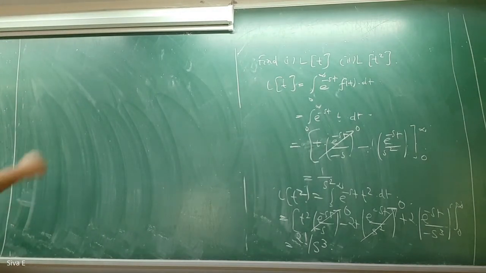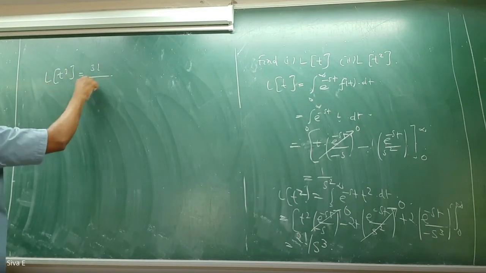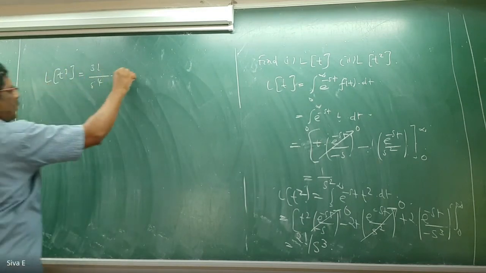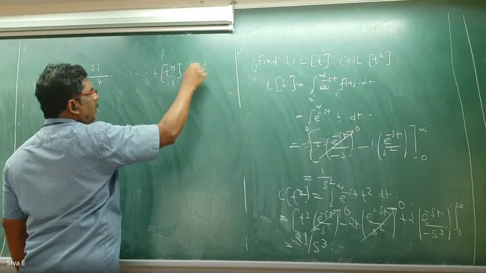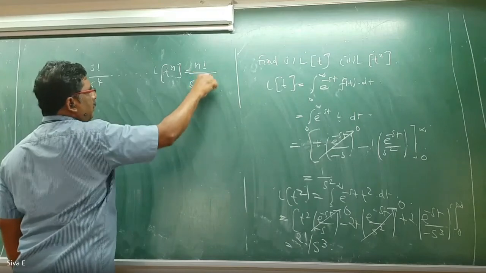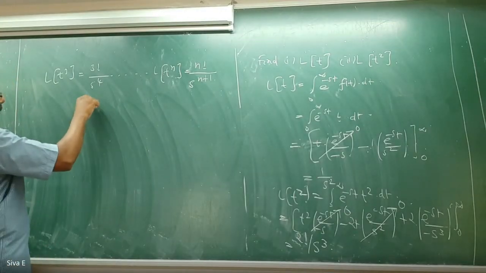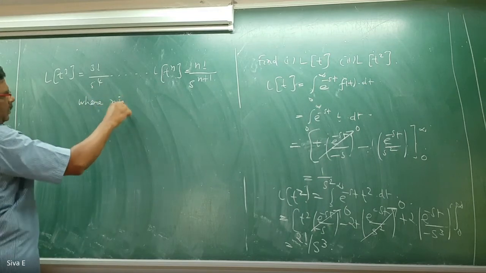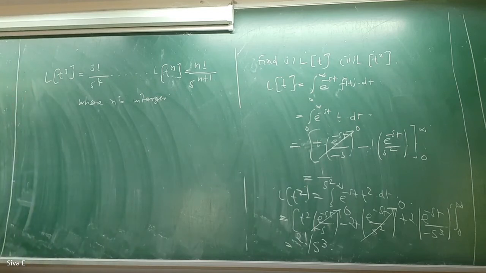The Laplace transform of t cube is 3 factorial by s power 4, etc. The Laplace transform of t power n is equal to n factorial by s power n plus 1, where n is an integer.